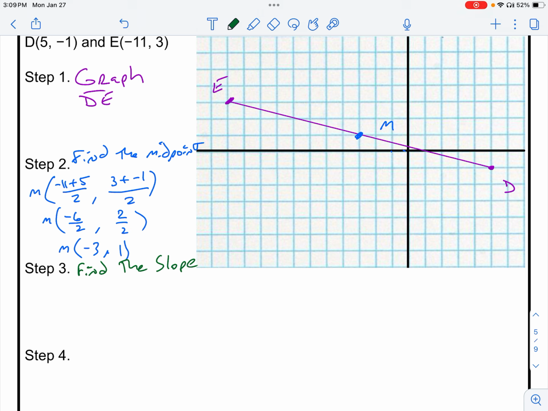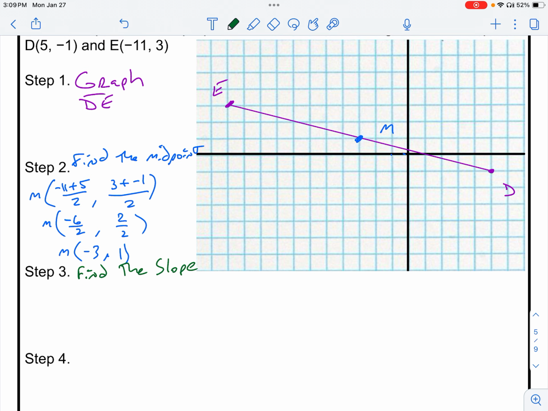We're going to do that by finding the slope of DE. So change in y over change in x, we get 4 over minus 16, which reduces down to negative 1/4.